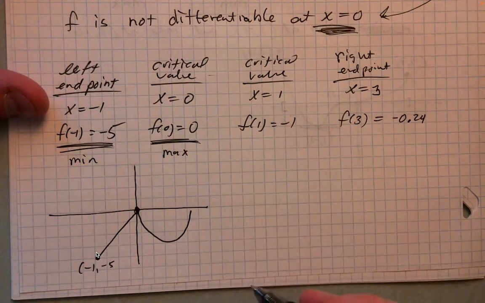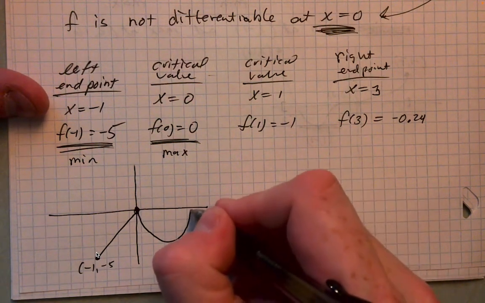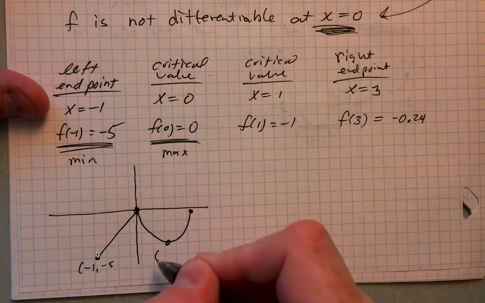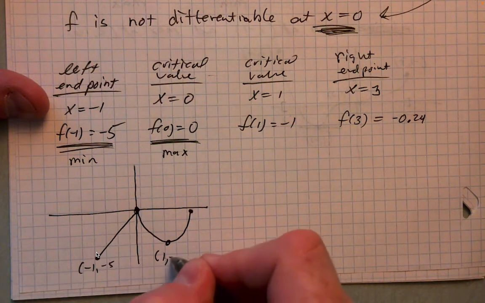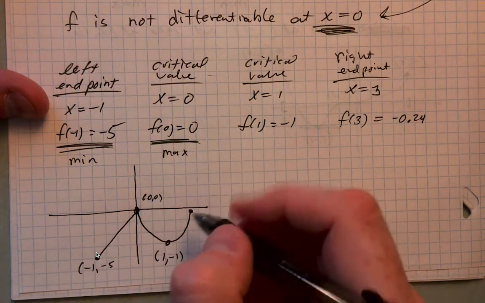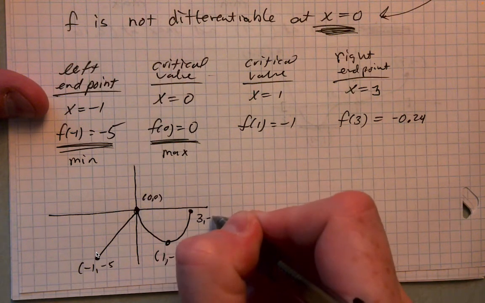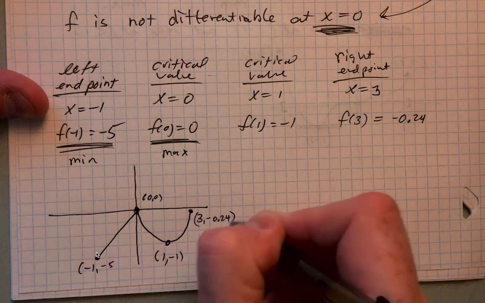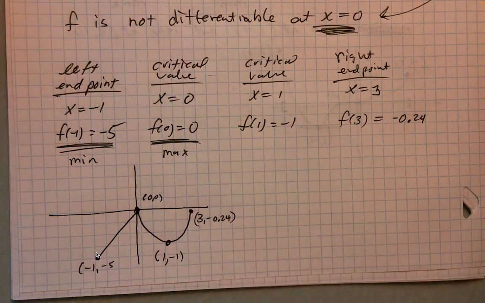And it approaches the x-axis, but it doesn't quite get there on this interval anyways. And so down here you've got 1, -1. This is 0, 0. And this point here is 3, -0.24, right? So it's real close to 0, but not quite.